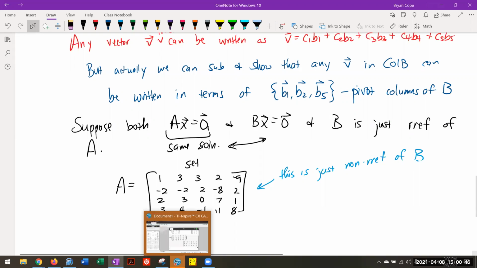Okay, so let's make some connections. Yes, to your question, Izzy: the set B1, B2, B5 is the basis for Col A.